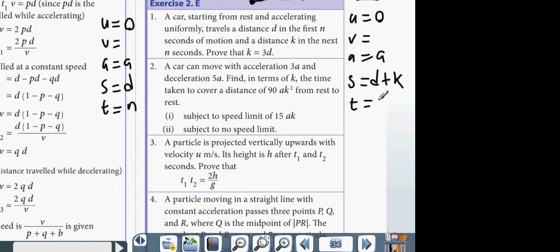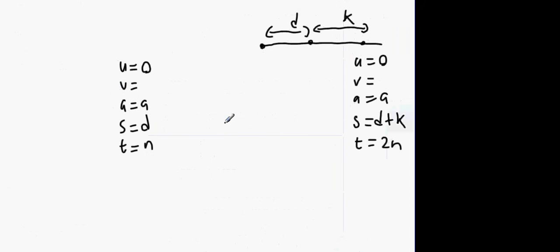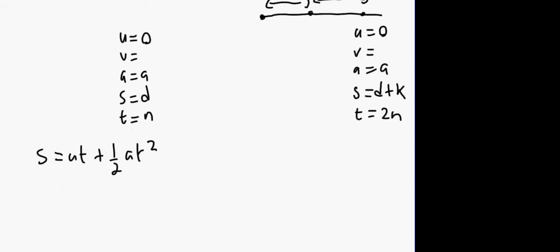Okay. Now that that's done, all we've got to do next is just use s equals ut plus a half at squared. And what we're going to get is this. d equals 0 plus a half an squared.